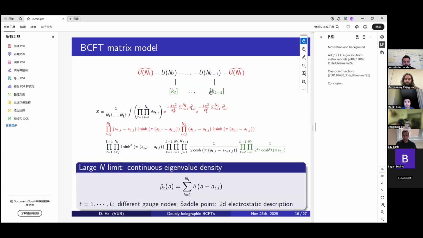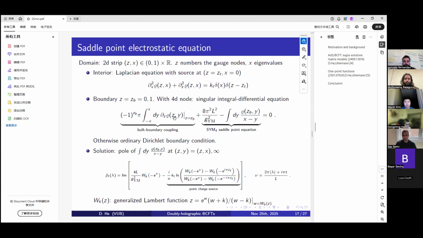So, for example, this solution has an exponential tail. So for the large eigenvalues, it has an exponential tail, which means there are some eigenvalues which diverge, and that exactly corresponds to this behavior. So it matches. Yeah.